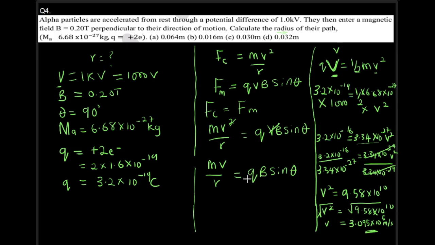We have the mass of the alpha particle given to be 6.68 times 10 raised to the power minus 27, the velocity, the radius, which is what we are looking for, the charge, which is 3.2 times 10 raised to the power minus 19, the magnetic field strength, which is 0.2 Tesla, and then theta, which is the angle, 90 degrees, because they are perpendicular to each other.